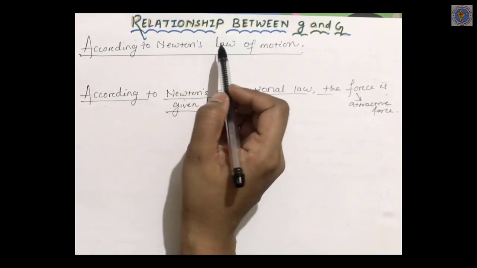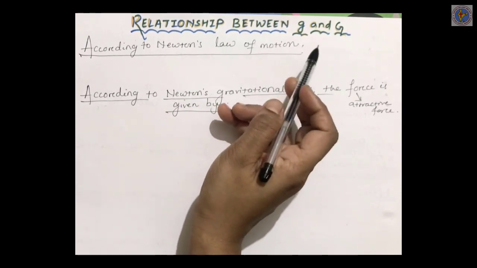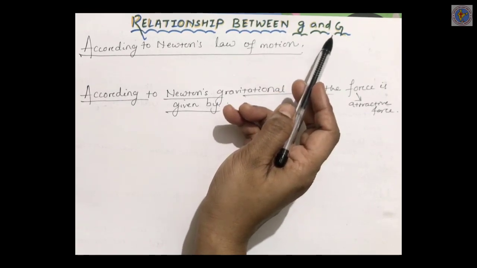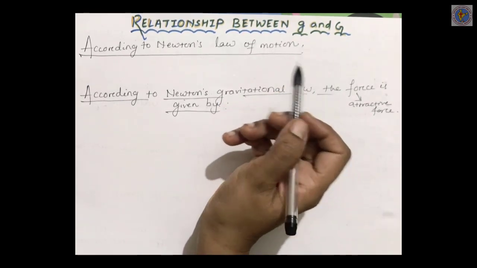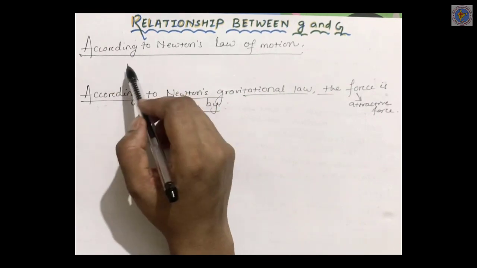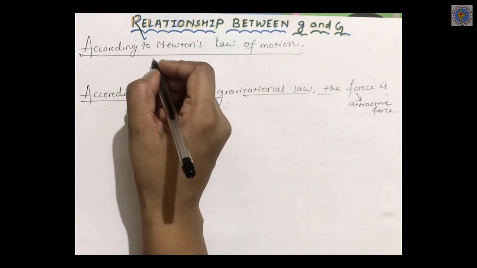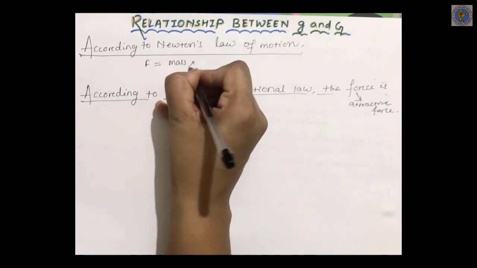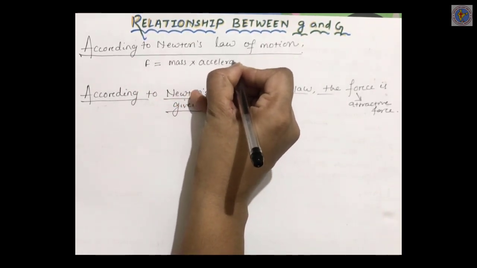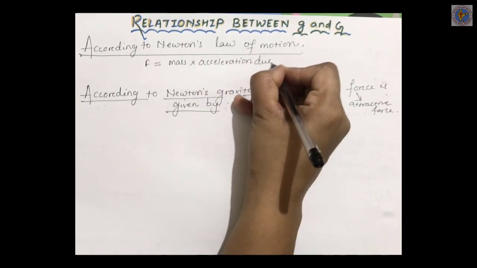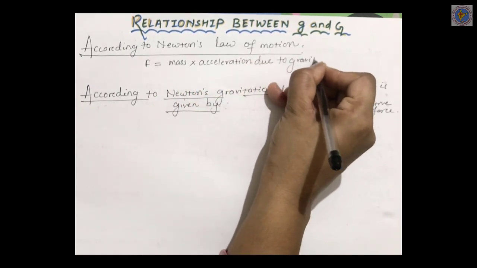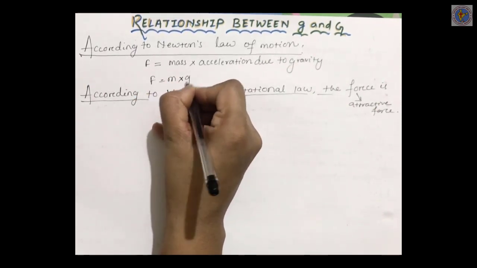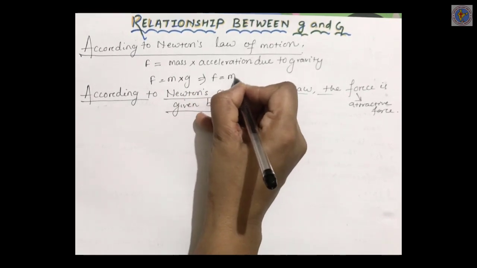Now let us find a relationship between small g and capital G. Small g is acceleration due to gravity and capital G is the gravitational constant. We know very well that according to Newton's law of motion, force is given by the formula F equals mass into acceleration due to gravity, so F = mg.